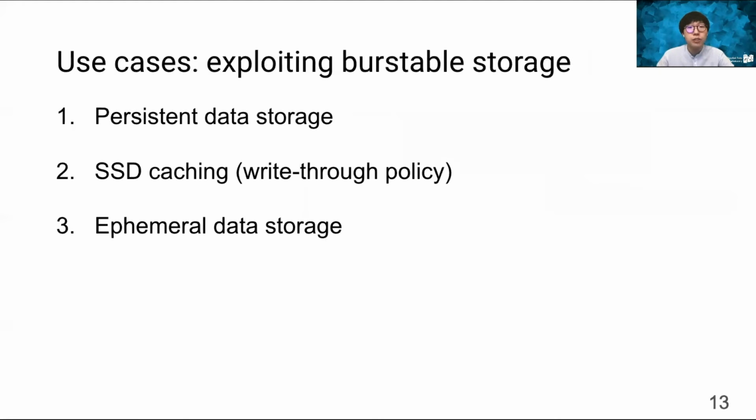Now let me introduce three use cases that can take advantage of using Burstable Storage Service. Our first use case is persistent data storage, which is the most basic storage type that stores data until it is deleted. Since the persistent data storage should keep the data persistently, when the old volumes are replaced by the new volumes that have full burst credits, the data must be migrated from the old ones to the new ones safely.